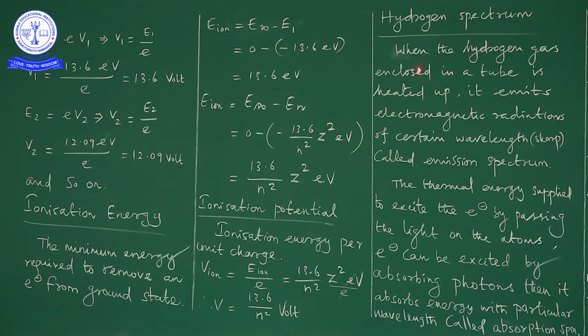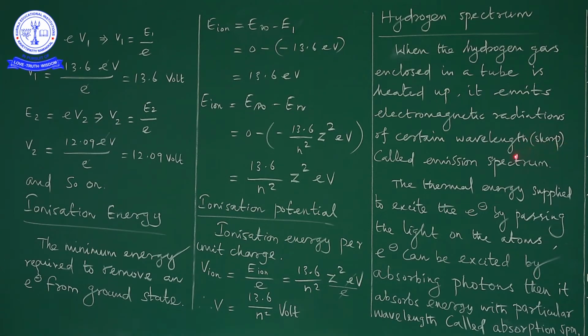Simply, we can say: when the hydrogen gas enclosed in a tube is heated, let us consider the enclosed gas tube, inside of which hydrogen is present. When the hydrogen gas tube is heated, it emits electromagnetic radiation having certain wavelengths, very sharp wavelengths.